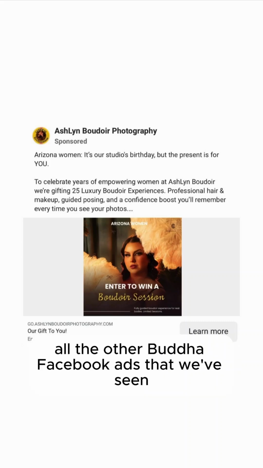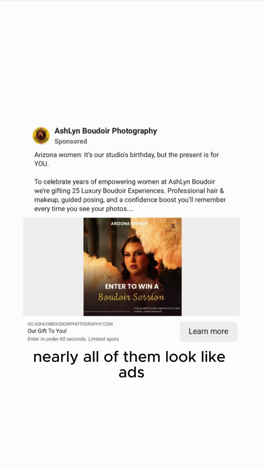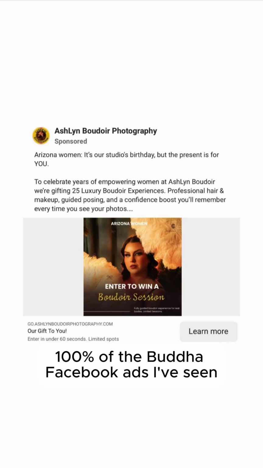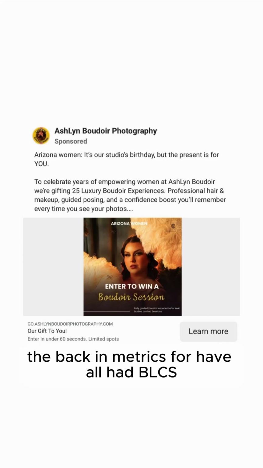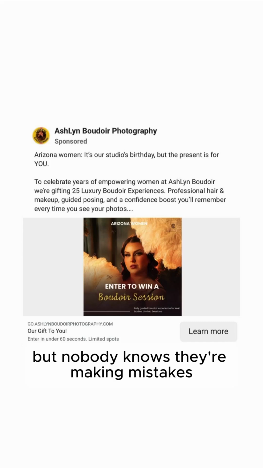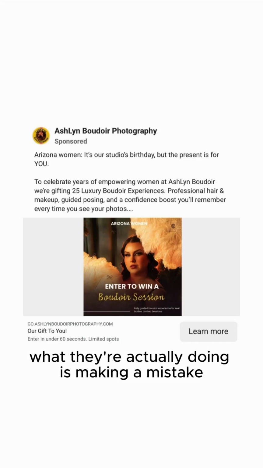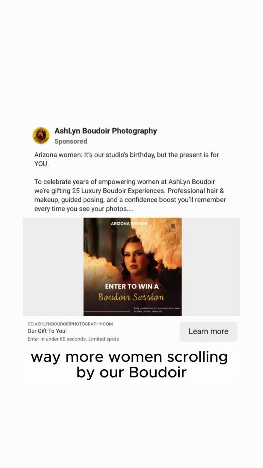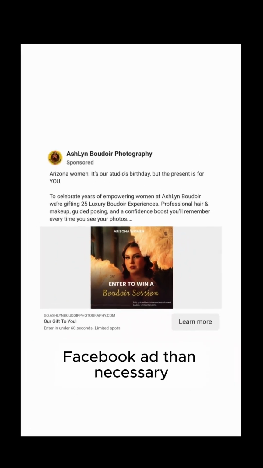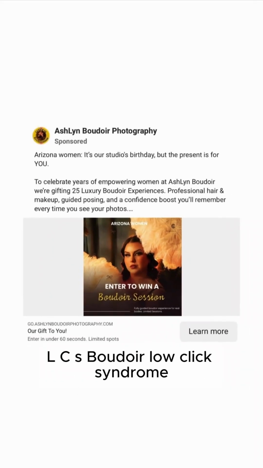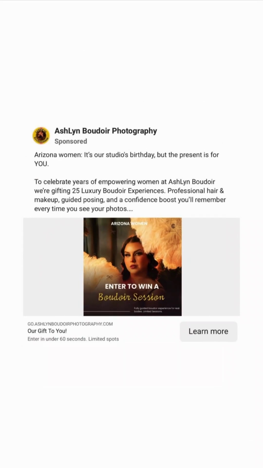All the other Boudoir Facebook ads that we've seen, nearly all of them look like ads. So everyone can't be wrong, can they? Well, 100% of Boudoir Facebook ads I've seen the backend metrics for have all had BLCS, because everyone is making the same mistakes as everyone else, but nobody knows they're making mistakes. So the consequence of this is way more women scrolling by our Boudoir Facebook ad than necessary, pulling our unique CTR under 6%, contributing to BLCS, Boudoir low click syndrome.